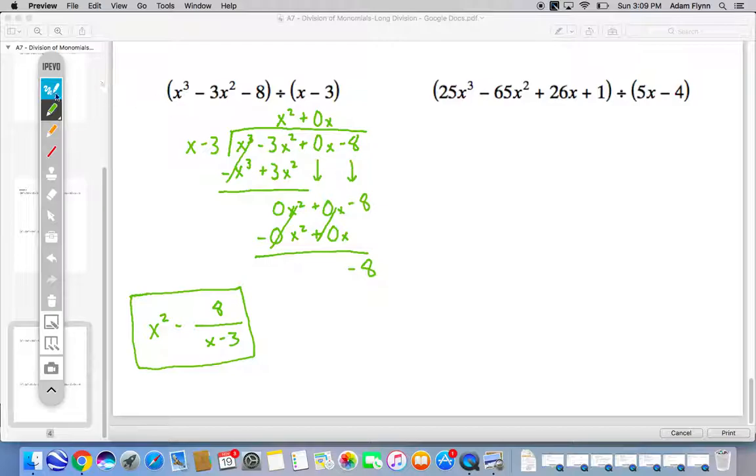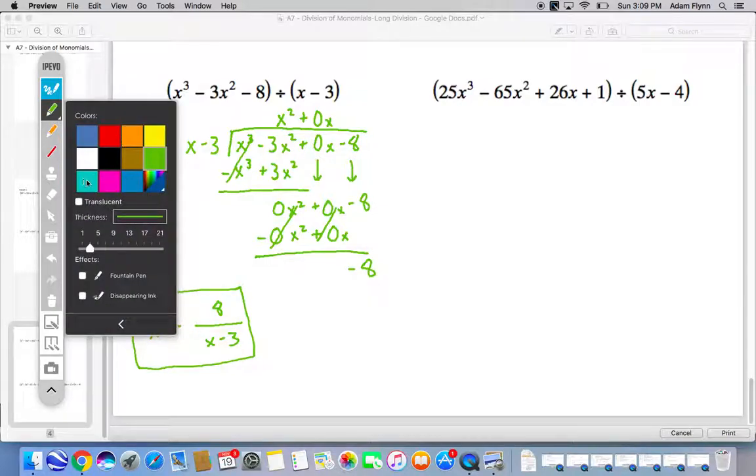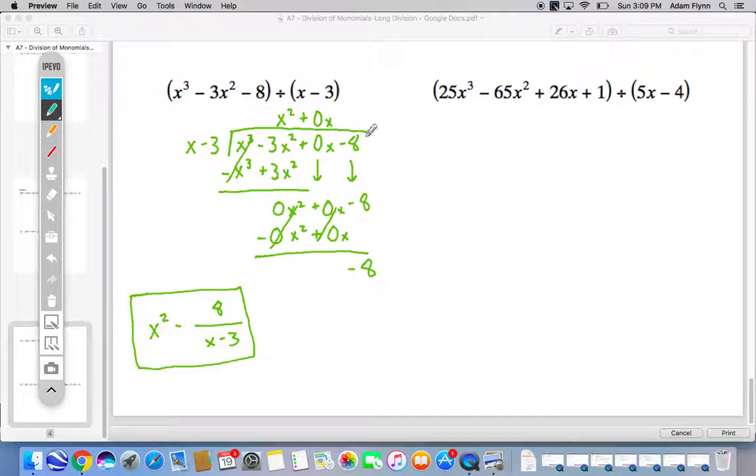Okay, our last example here. Find one more color. 5x minus 4, divided by, or not divided by, sorry, just under my box. I have 24x cubed minus 65x squared plus 26x plus 1.